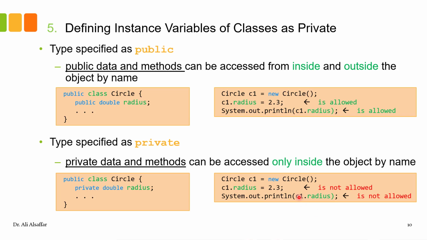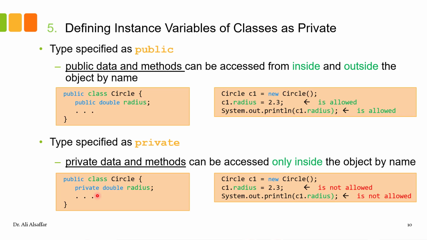Now the question is, if you define the data public, then you can change it or you can read it. Now if you define it as private, then the question is how to change it if we wish, and how to read the value if we wish. And this is what comes in the next step: how to access private instance variables, either for reading or writing.